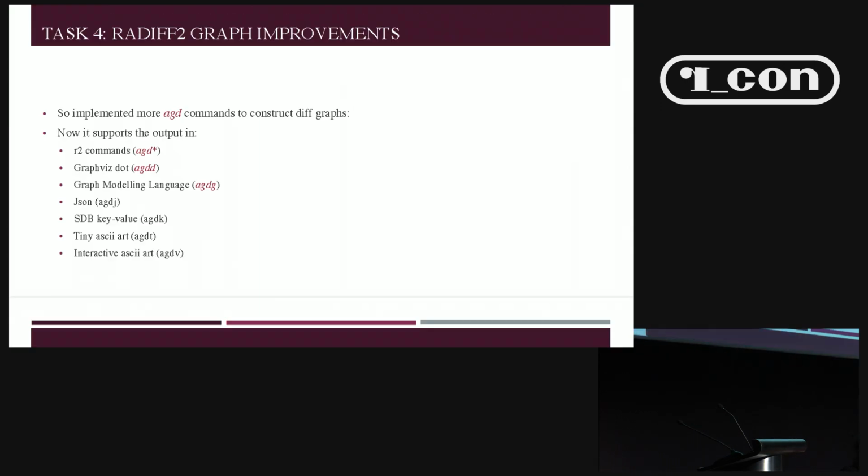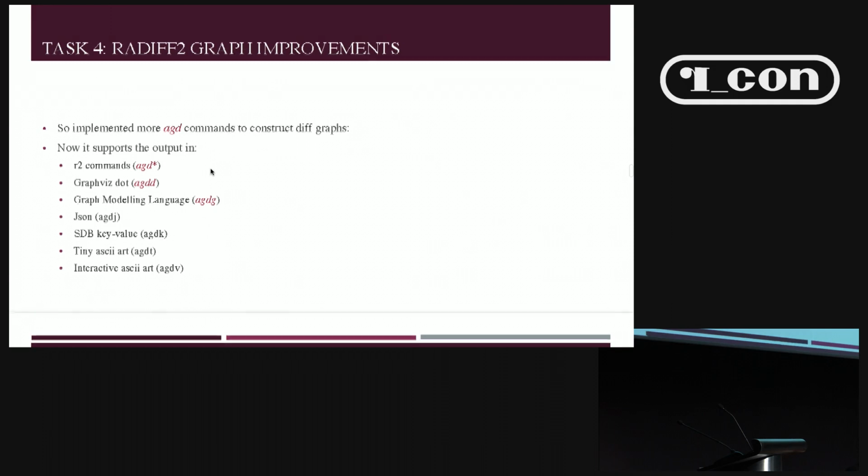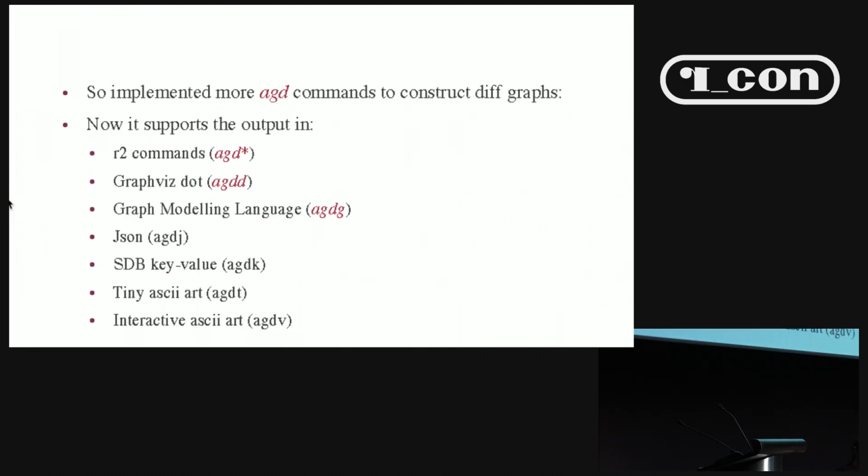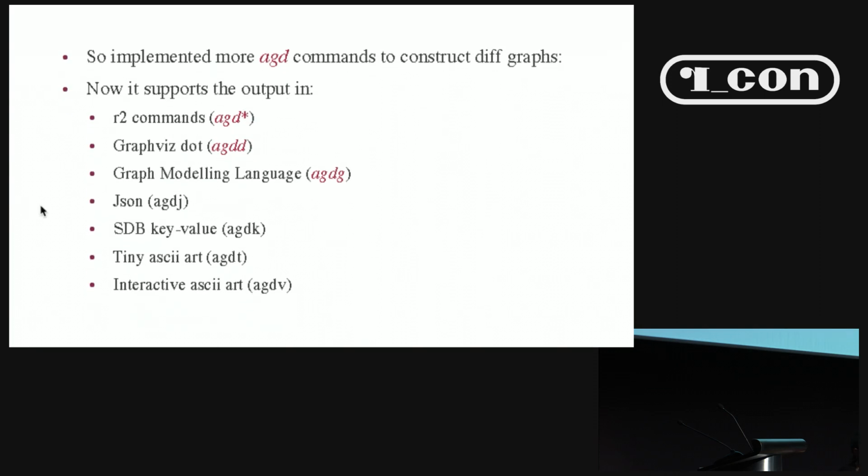As a part of graph improvements within Radare, I implemented quite a few commands that were already implemented for other graph-based commands, that is AG. So in AGD, I implemented 7 output formats.